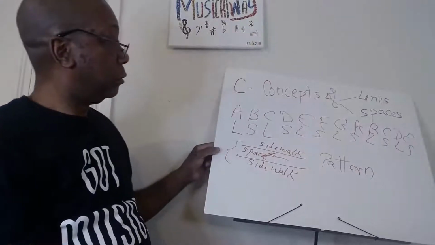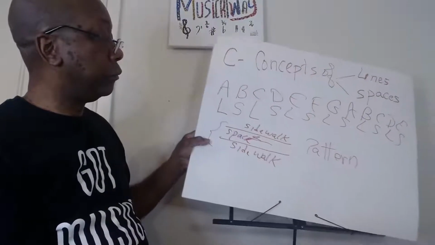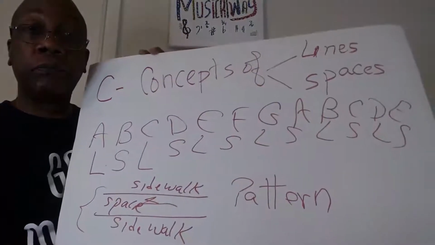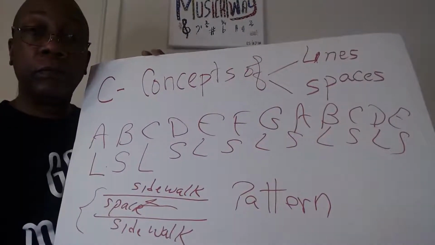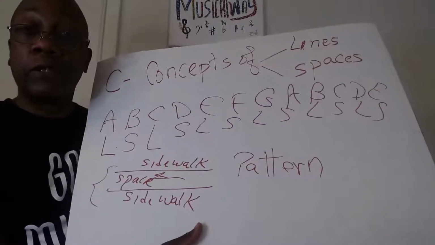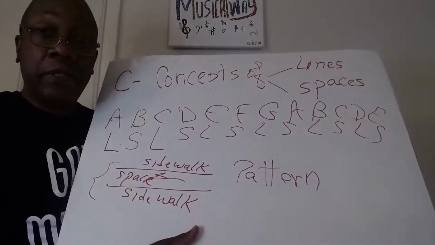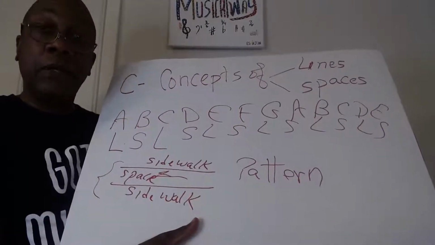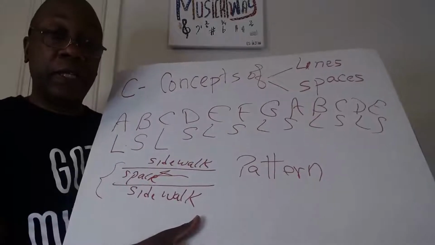So that's what I have here. This is the concept. Line, space, line, space, just like everybody crosses the street. Even my two babies know that mom and dad have to hold their hands and they look left and right before they cross.